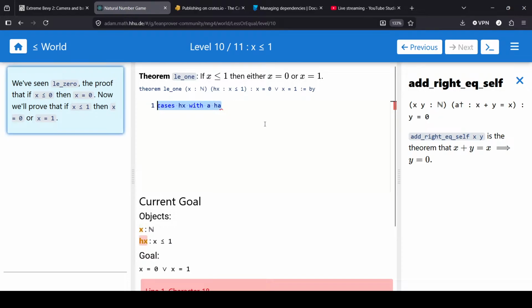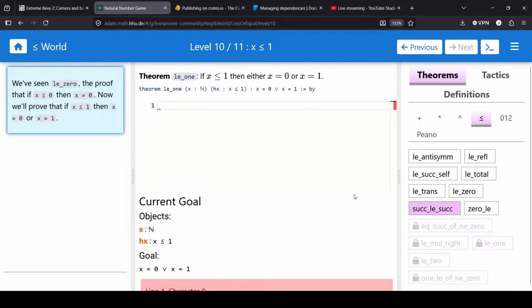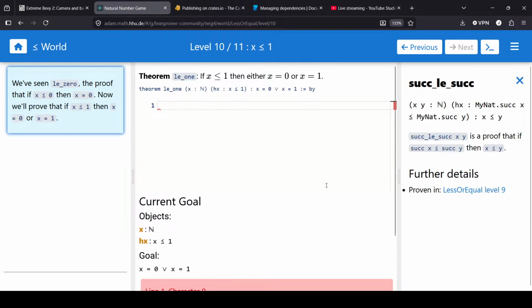Okay, I want to keep the inequality. Okay, that's kind of what I was thinking. So that means I don't want cases here. If I want to keep the inequality, then what do I need to do? How do I keep the inequality here?